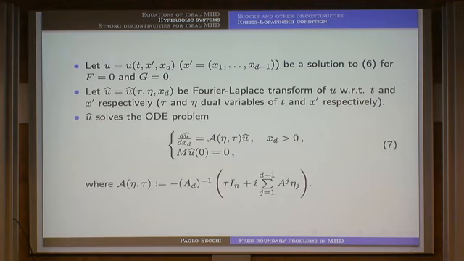We take the transform, and we reduce the problem to this ODE system of equations. This symbol here is obtained from the equation. This is the ODE problem in xd. This is the boundary condition at xd equal to 0.